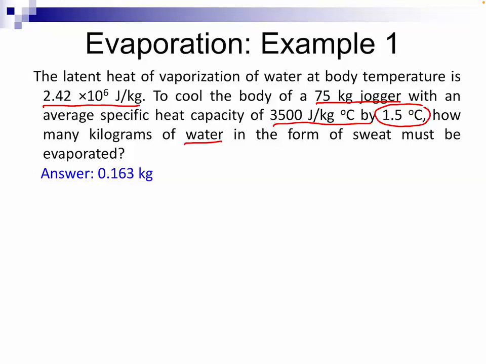Right, so there are two different objects here in this problem. We have the jogger, who has a mass of 75 kg. The jogger needs to change its temperature by 1.5 degrees Celsius, needs to lose heat in order for its temperature to decrease by 1.5 degrees Celsius. Since we're getting a change in temperature, we can also say that that's 1.5 Kelvin.